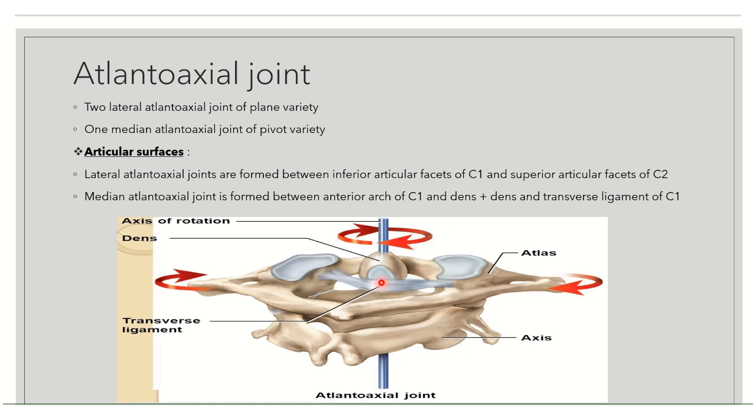Posteriorly it is related to the transverse ligament of the first cervical vertebra, which is attached on the inner surface of the lateral mass of C1. This is the transverse ligament, and this median atlantoaxial joint has two separate synovial cavities, one anterior and the other posterior.